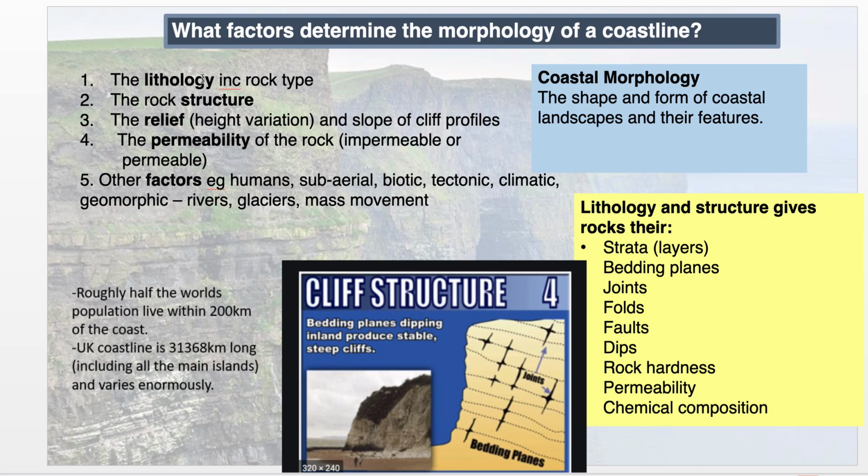So the lithology, which we're looking at today, how rocks are structured, which leads to variation in relief and variation in cliff profiles. Rock structure and type influence permeability of a rock, which is important in weathering and in erosion at the coast. And remember those other factors which we're not talking about in this lesson, so point 5 there, the other factors that influence the shape of the coast.